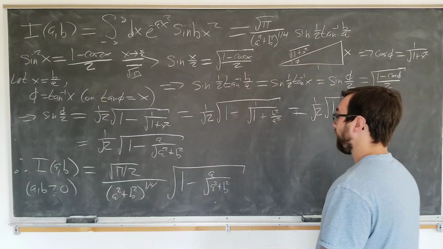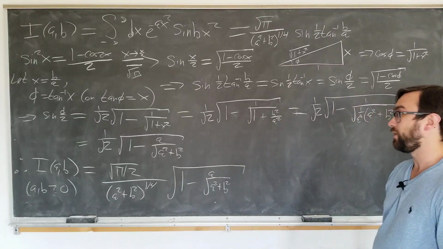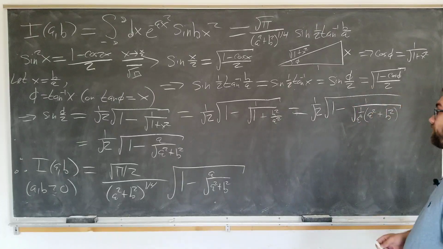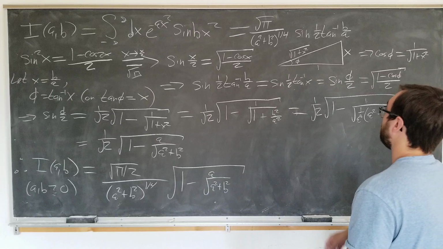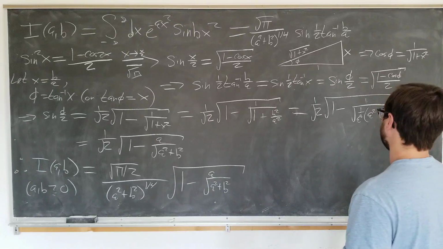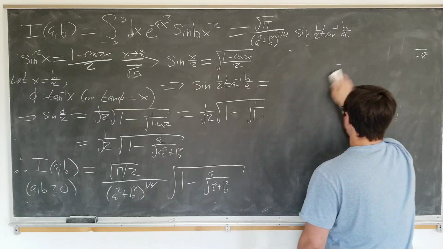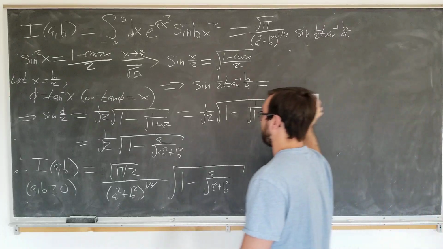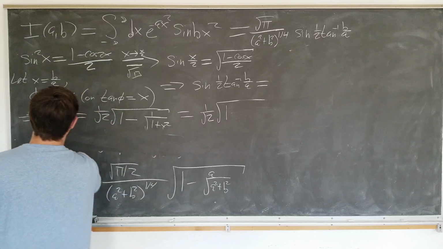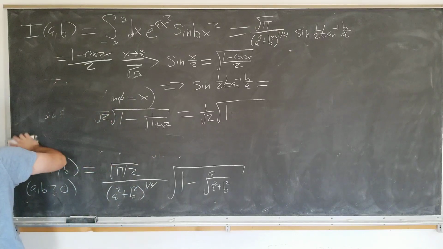And b has to be positive right now, but we'll extend it to show you how we can include negative b as well. It's actually just a simple consequence of the parity of the sine and the arctan function.